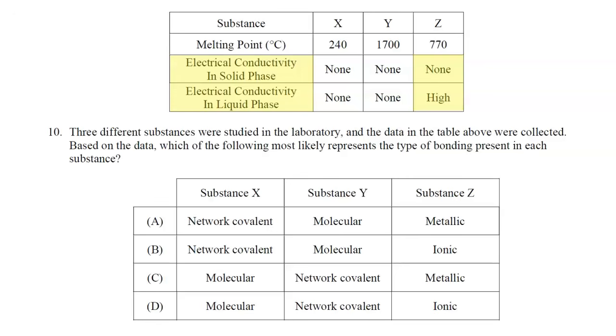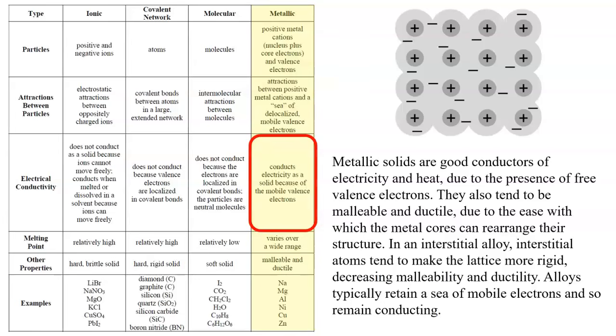And now, as you'll see on this slide, this is information that I had presented in a video when I was talking about topic 3.2. And what you're seeing on this slide is a table where I'm looking at different properties of the 4 types of solids. And those 4 types of solids are ionic, covalent network, molecular, and metallic. And so what's highlighted on this slide is the property of electrical conductivity for a metallic solid.